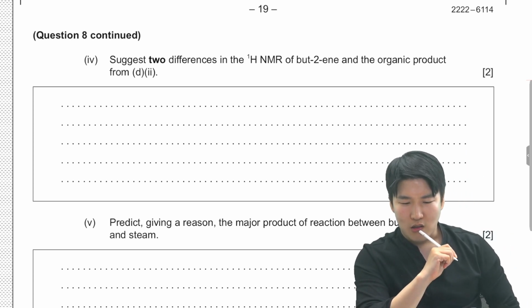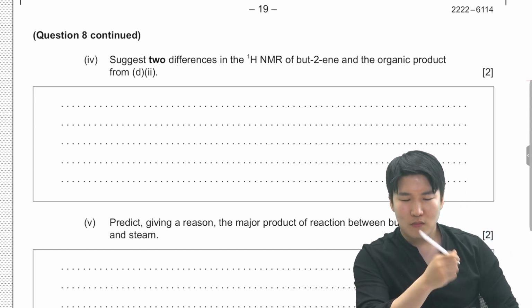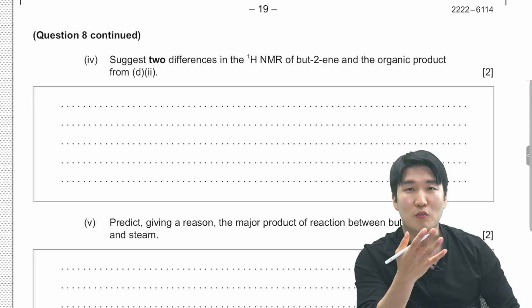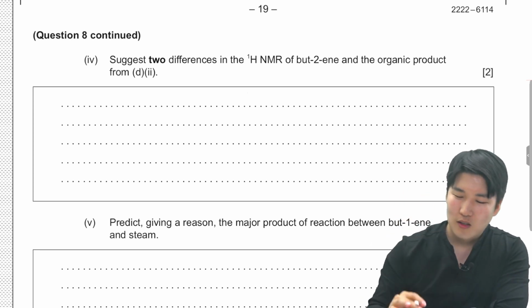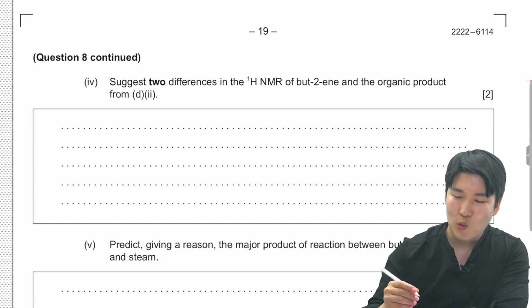We are having to compare the NMR spectrum of but-2-ene and bromobutane without the spectrum given. Okay, this is quite difficult. So let's draw out the hydrogen environments of but-2-ene and 2-bromobutane.